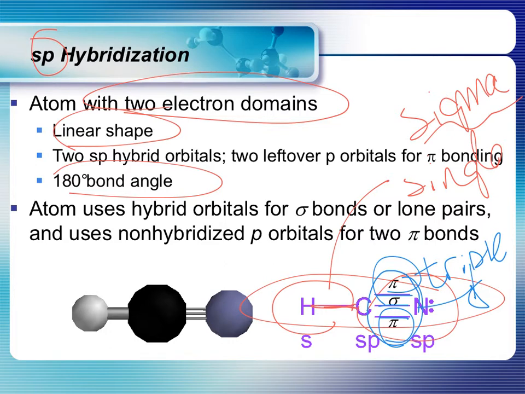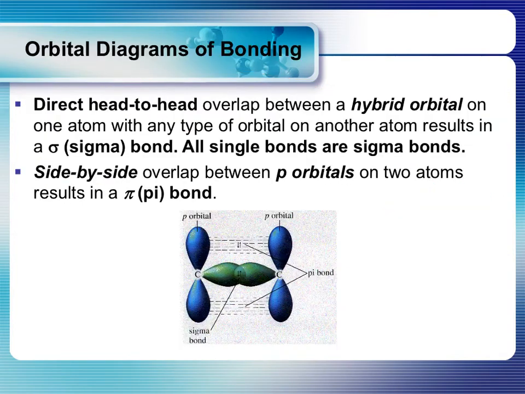A pi bond is weaker than a sigma. It's not a result of direct head-to-head overlap of orbitals. It's side-to-side overlap. If you sidle up to somebody shoulder to shoulder, that would be like a pi bond. If you smashed heads with somebody, that would be like a sigma bond.